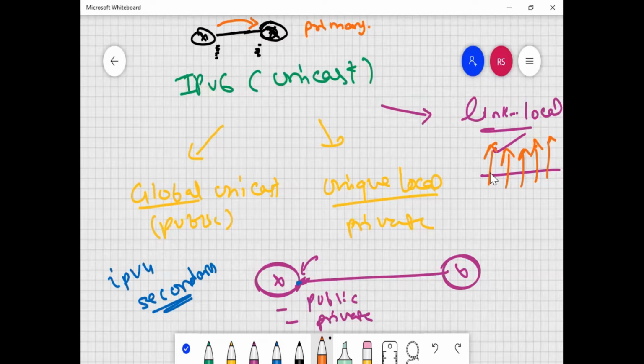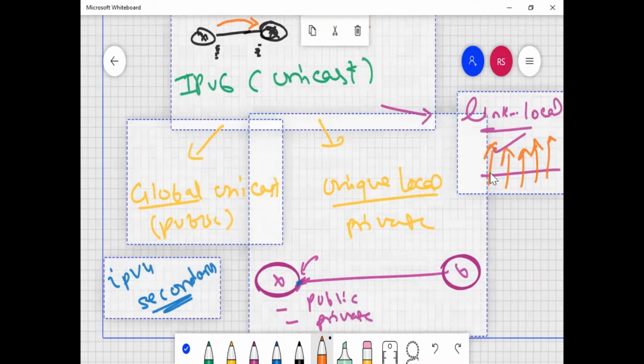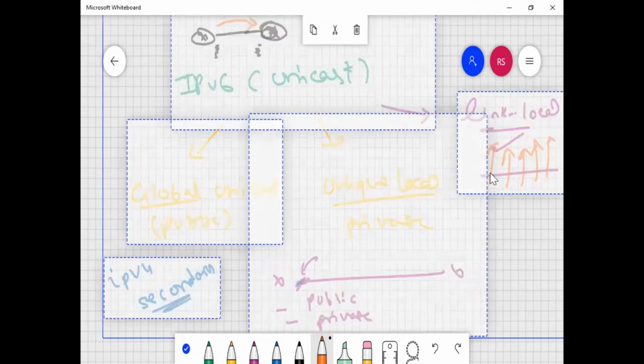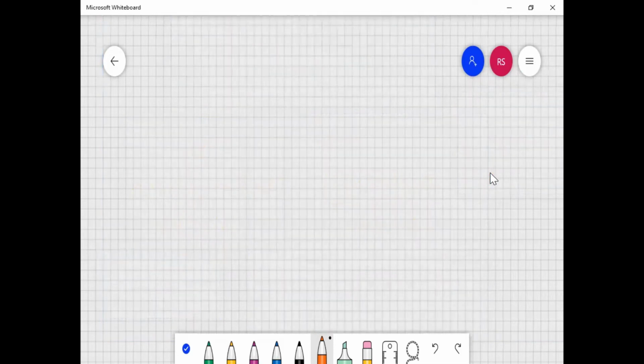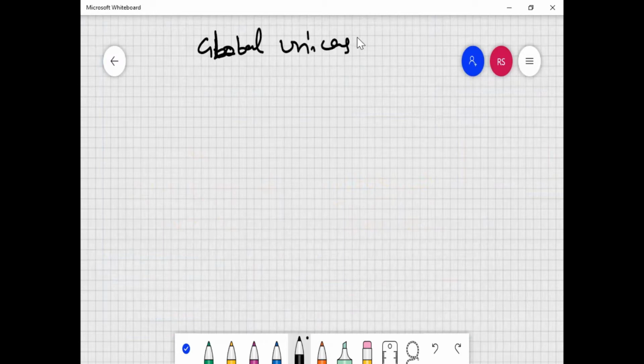Let us talk about this global, unique local, and link local further. So let me go to your global unicast. Whenever you check the global unicast, it starts with 2000::/3.